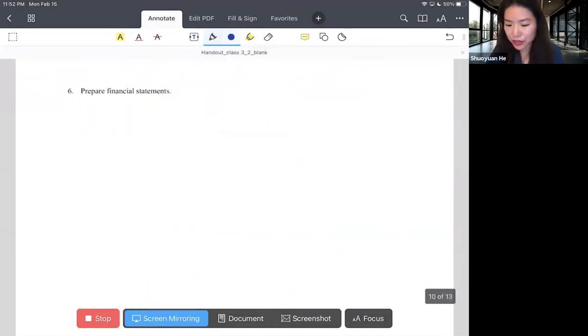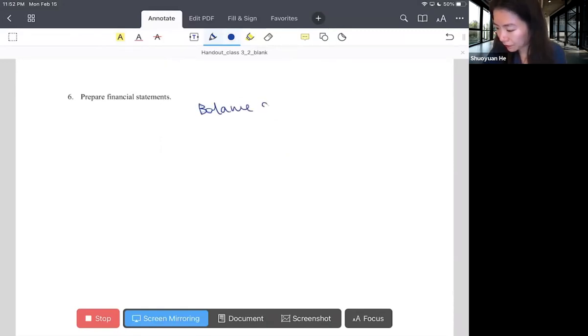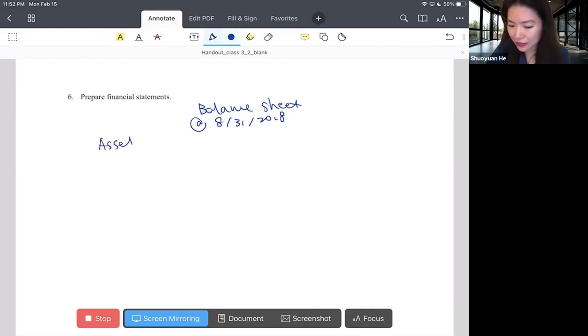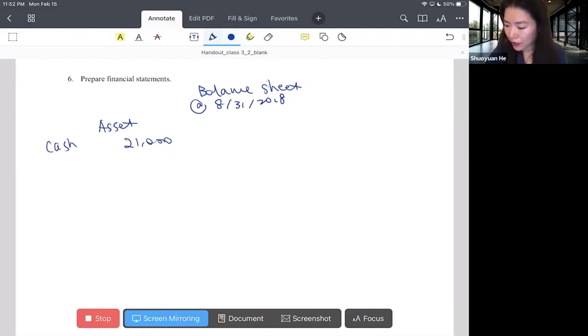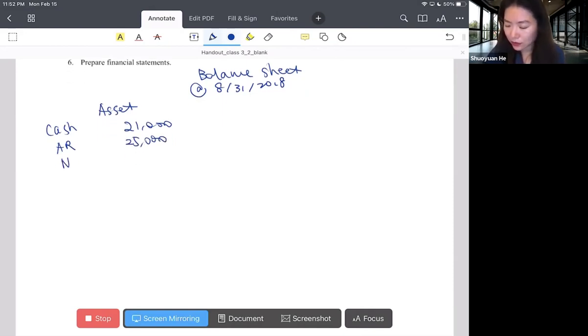So the balance sheet at August 31st, 2018, the asset side, we have cash, 21,000. Account receivable, 25,000. Note receivable, 20,000.